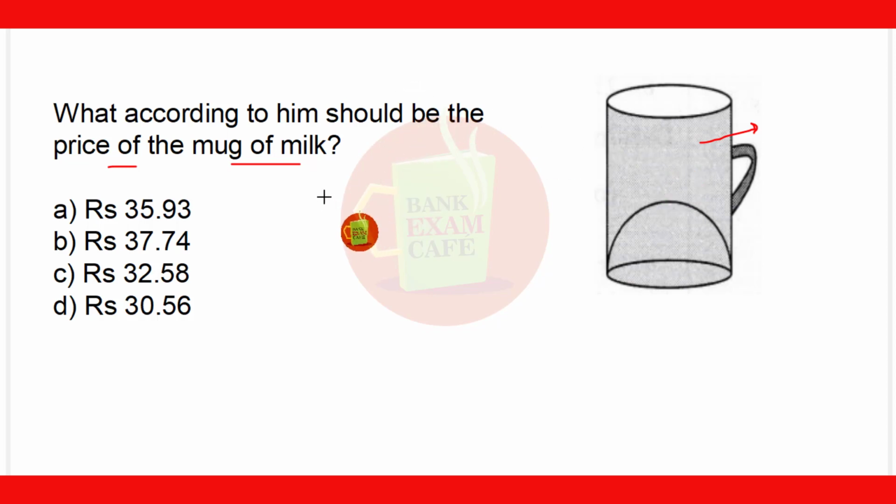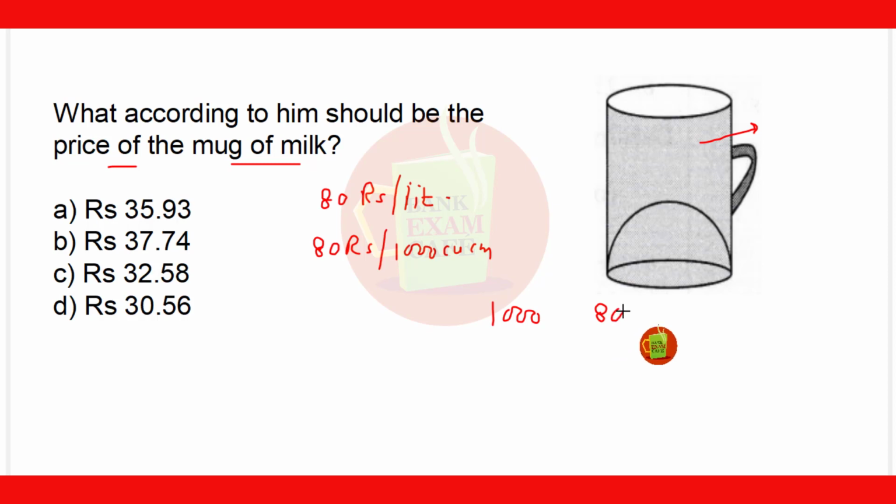It is given in the question. So 80 rupees is the charge per liter. It means 80 rupees is the charge per 1000 cubic centimeter. So for 1000 cubic centimeter the charge is 80 rupees.